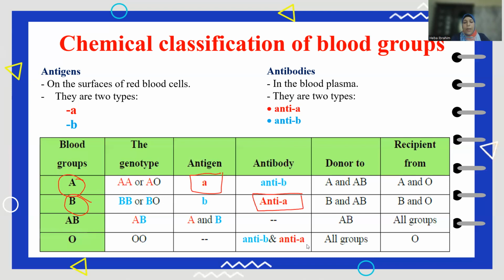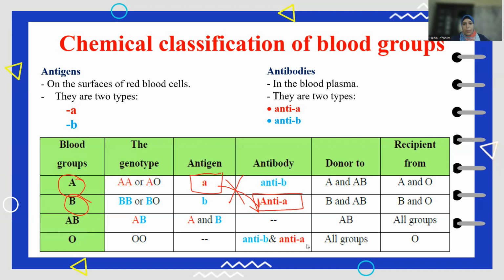So when transferring blood from A to B, antigen A will react with the antibody A. This reaction leads to blood disintegration, breaking down of red blood cells, severe anemia, and death. So the individual with blood group A will never transfuse blood to the individual with blood group B, and vice versa.